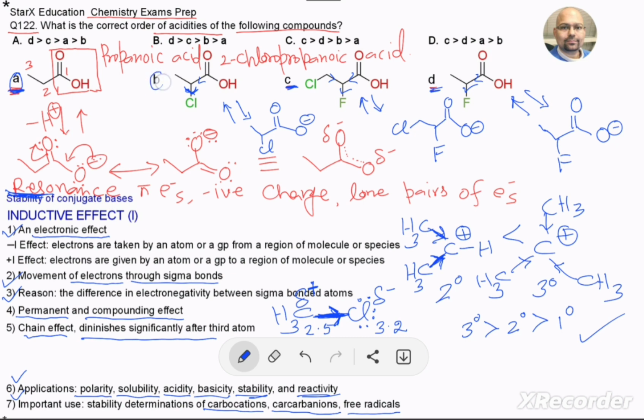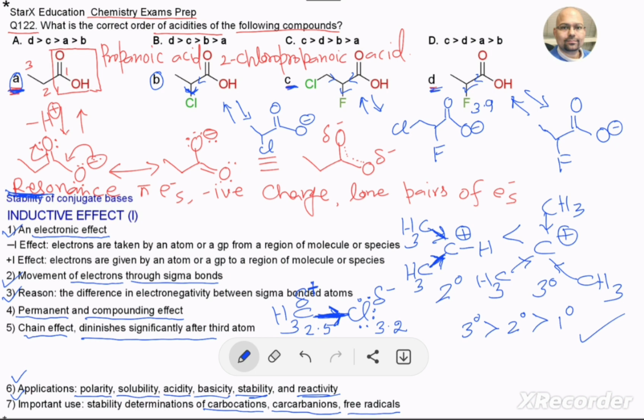Compound B has chlorine on second carbon, so it would show inductive effect, and its conjugate base would be more stable than that of compound A. Compound D has one fluorine group, and we know that fluorine's electronegativity is about 3.9, so that is the most electronegative atom in the periodic table.